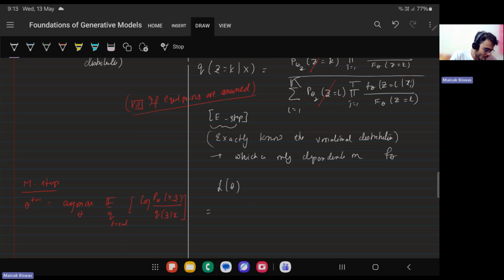Therefore, the J which you want to maximize, in terms of theta, can be written as the expected value over q. I can write down the joint distribution as p theta of z. I will not write down the parameters equal to k's and all. The product over j equal to 1 to J of f theta of z given xj by capital F theta j.